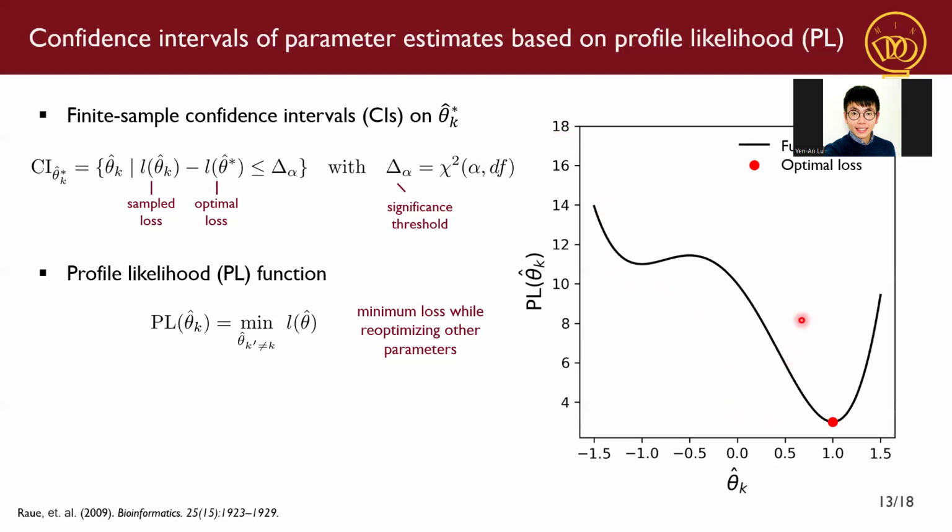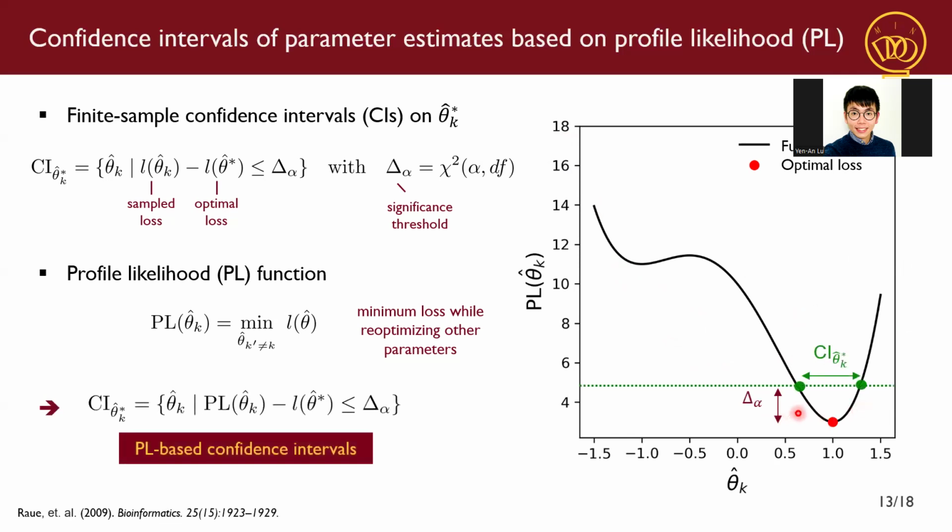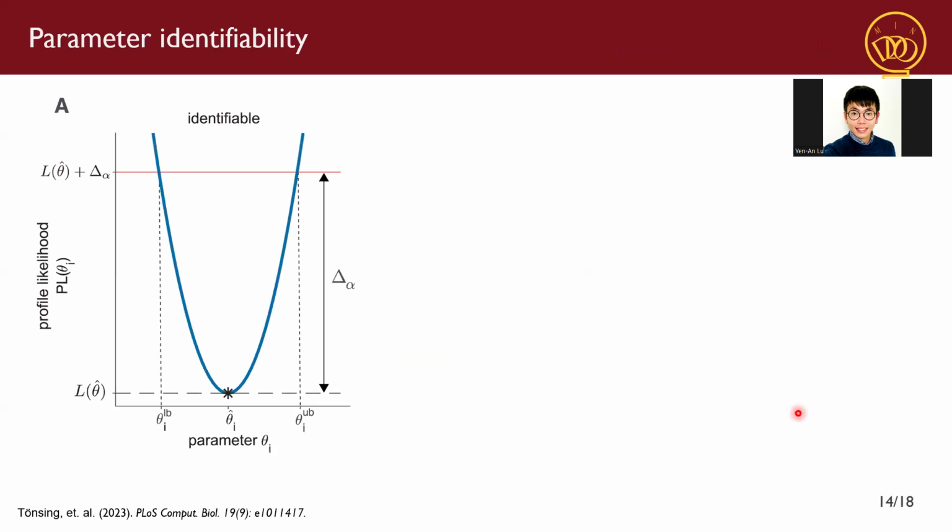Then you can construct the profile likelihood curve that's shown on the right-hand side. And then you compare the optimal loss you get from your original problem. And then based on the significance threshold that you define, you can get these profile likelihood-based confidence intervals. And what makes this profile likelihood analysis powerful is that we also provide identifiability of a parameter estimate.